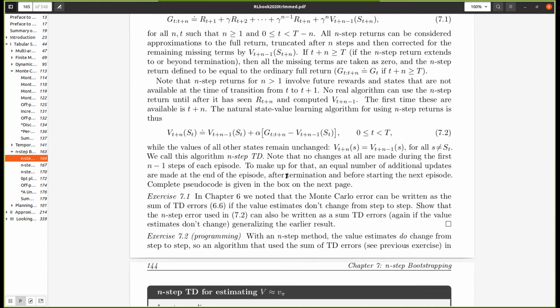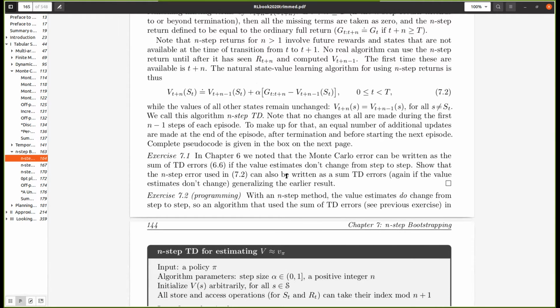The update for n-step bootstrapping is given as follows: we use a factor alpha, which can be interpreted as a learning rate, or how much weight we want to put on the update from new experiences.